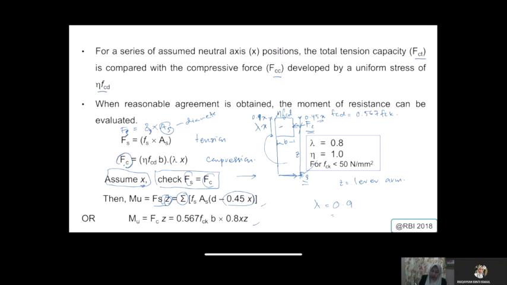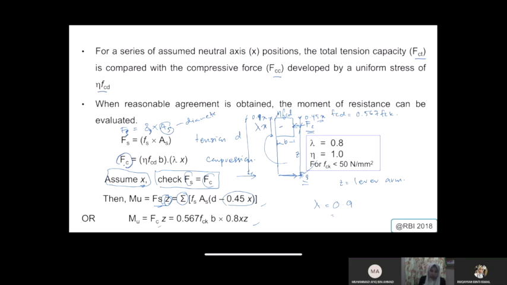So to know the distance of your z, this is your d, the height to the center of your reinforcement. You minus the 0.45x, which is half of 0.9. Then you calculate your ultimate moment at your tension and also your compression.